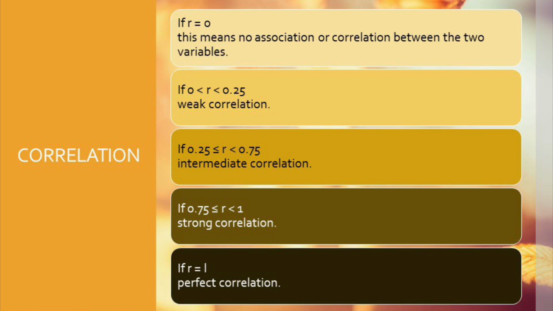So there is a correlation there, but it isn't particularly strong. Whereas if R is kind of in between 0.25 and 0.75, that's more of an intermediate correlation. A strong correlation is going to be anything that's equal to or greater than 0.75 and less than 1. When R equals 1, we're looking at a perfect correlation.